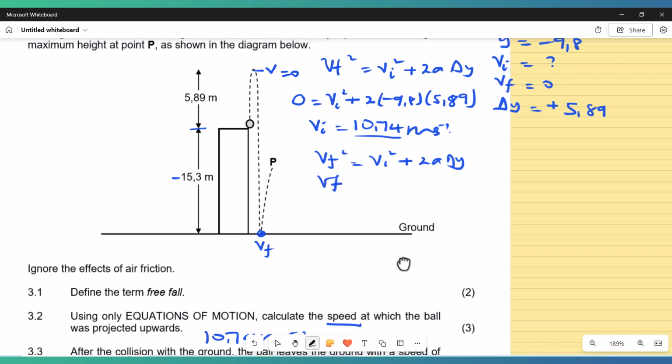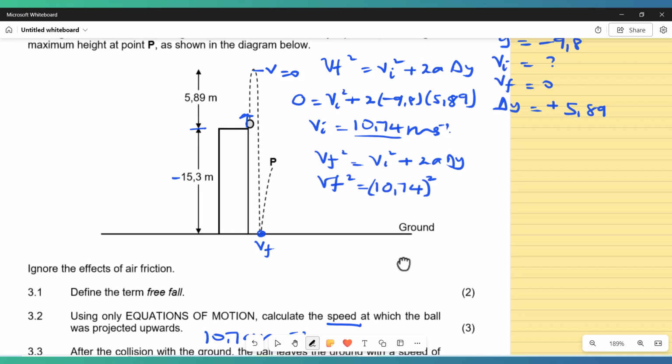V initial from the starting point at the balcony is 10.74, and because we chose up as positive, it must be positive. That's going to be 10.74 squared.